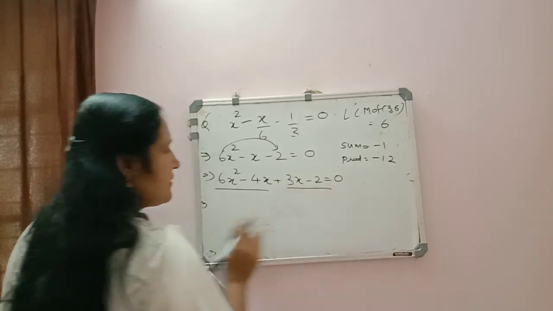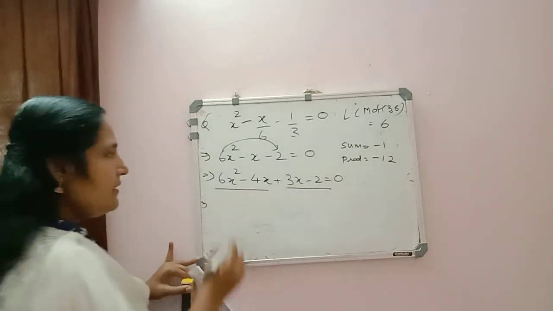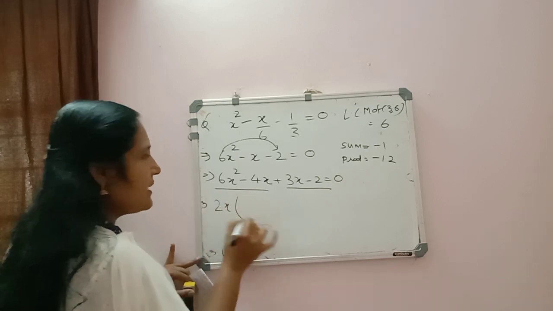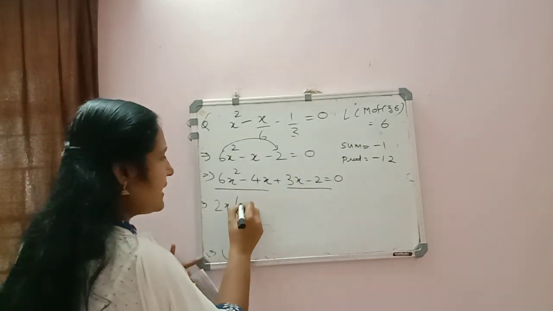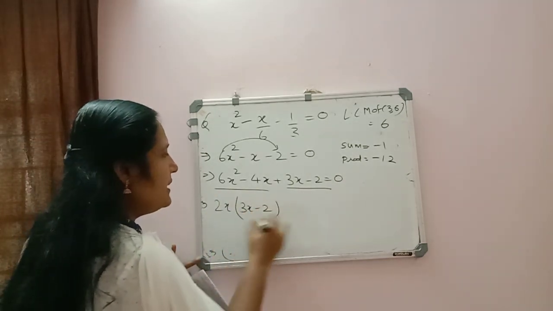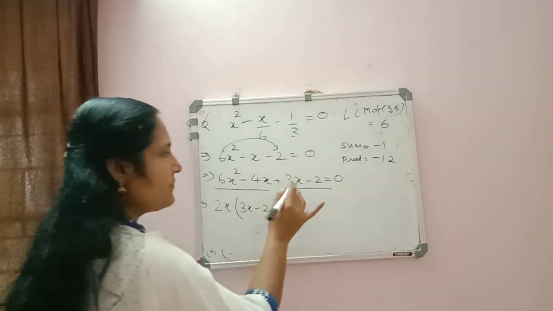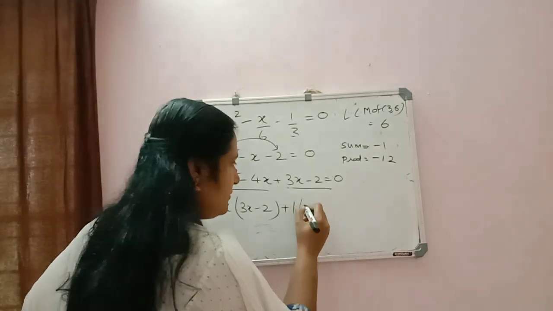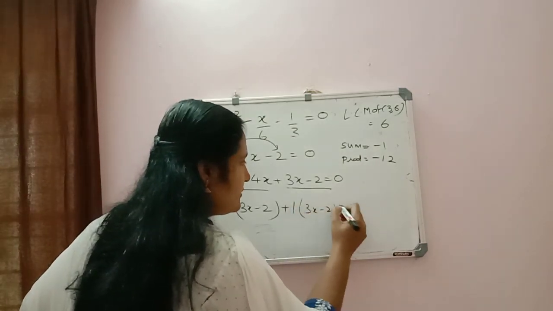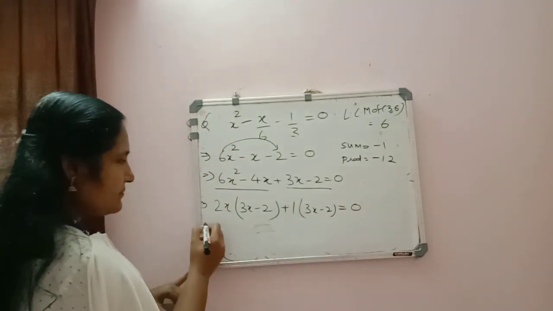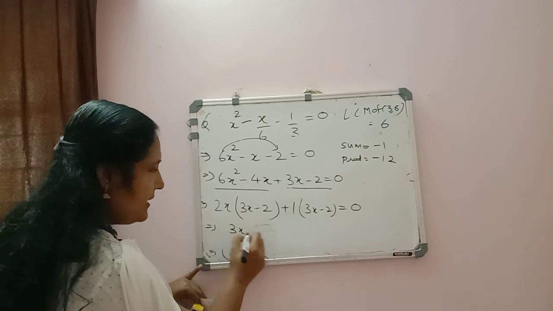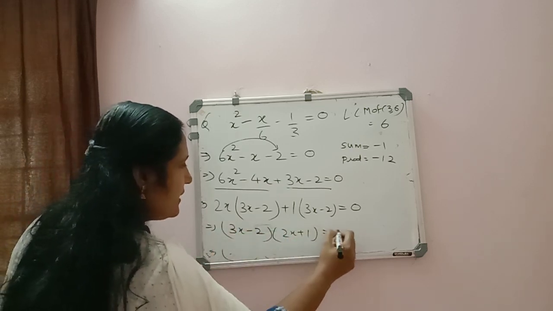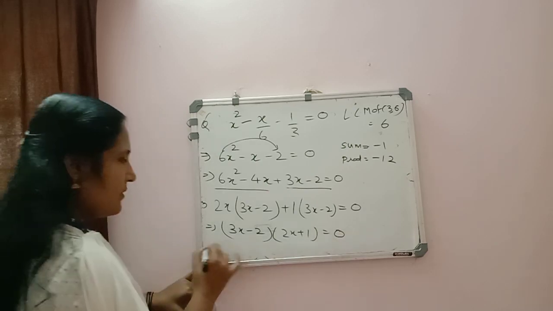If we check for a common factor, both terms are divisible by 2, 2x we can take common. Inside the bracket it will be 3x minus 2. Here nothing is common, so we can take 1 common into 3x minus 2 equal to 0. So we get 3x minus 2 into 2x plus 1 equal to 0.